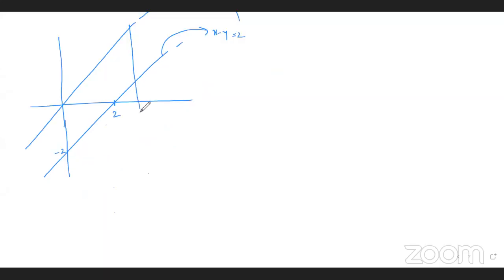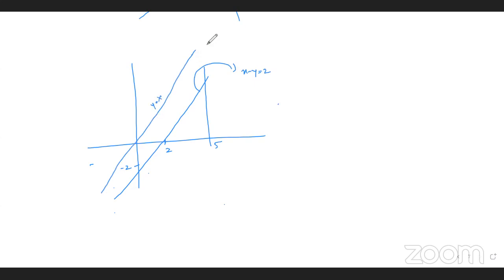This is a very wrong picture. This is 5, this is 2, this is minus 2. This is x minus y equal to 2, and this is your y equal to x, right?